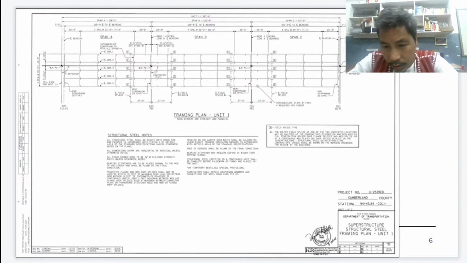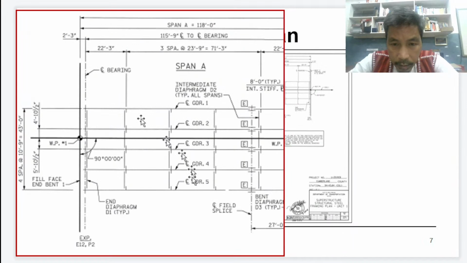It is not shown here in our plan. Bent diaphragm D3 corresponds to diaphragm D1, on the next repetition of the plan, so for span B, that is on span B.